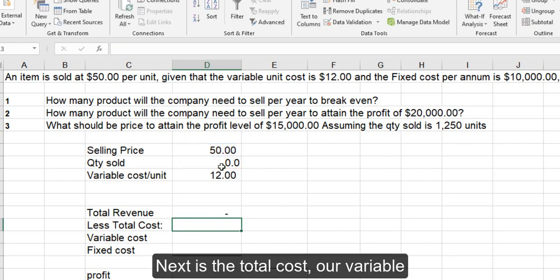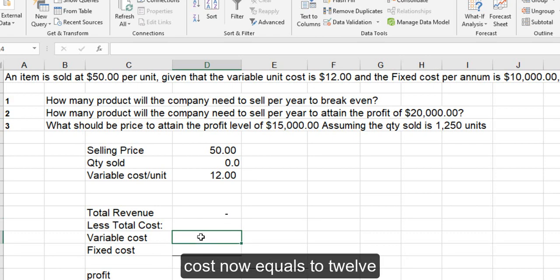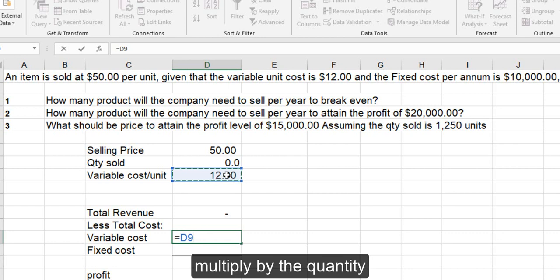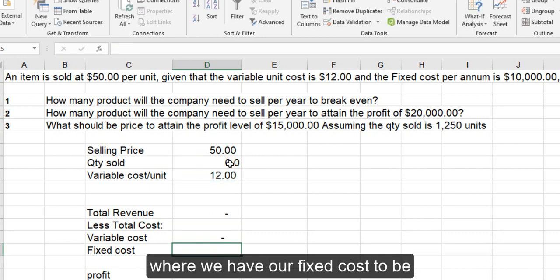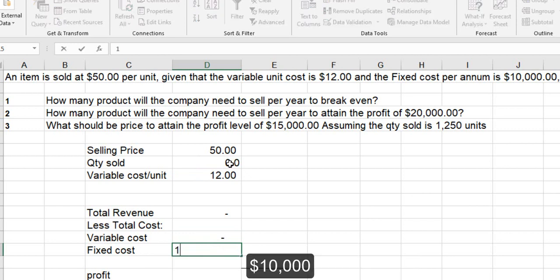So let's do total cost. Our variable cost now equals 12 multiplied by quantity, where we have our fixed cost to be 10,000 US dollars.